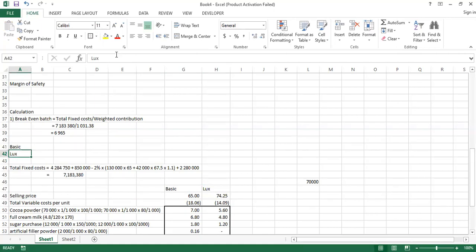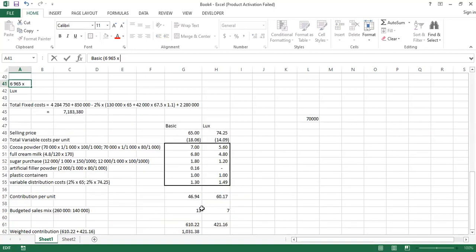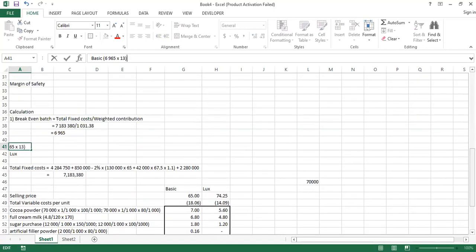So with basic, we are basically going to take 6965, the amount that you got there for break even per batch. We need to expand on that batch. Basic has got 13 in each batch, so we need to multiply that by 13. Lux is 7, so it's going to be 6965 multiplied by 7.